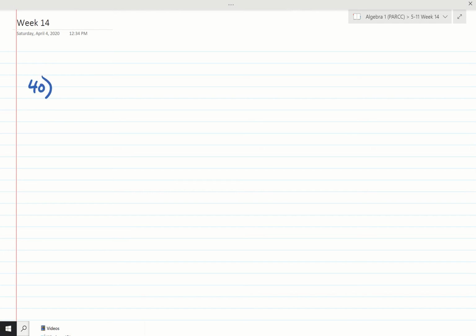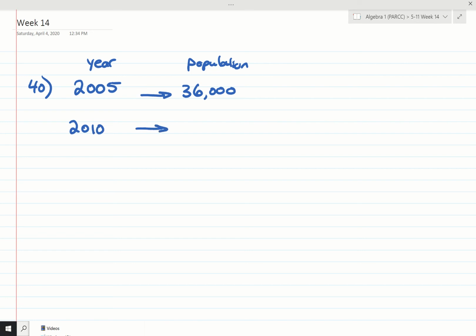And for problem number 40, it says the population of a city in 2005, so that's the year, was 36,000. And it says by 2010, the population had grown to 43,800.